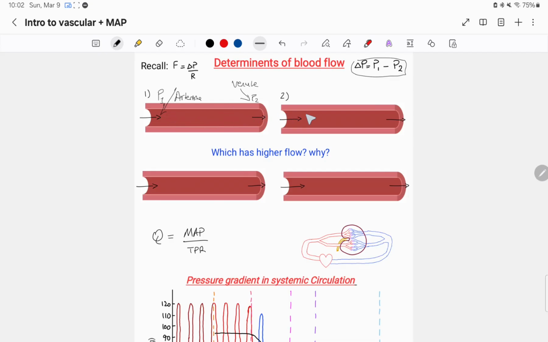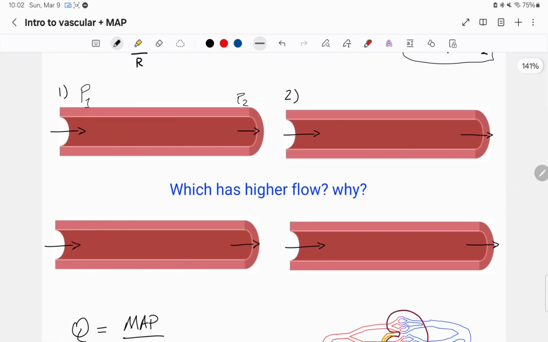We're going to take two different scenarios to figure out how blood flows through the actual vessels, okay? And we're going to figure out which of these scenarios would have the higher blood flow. Okay, so let's go through it. Now, we enter into the arteriole here with a blood pressure of 50 millimeters of mercury.